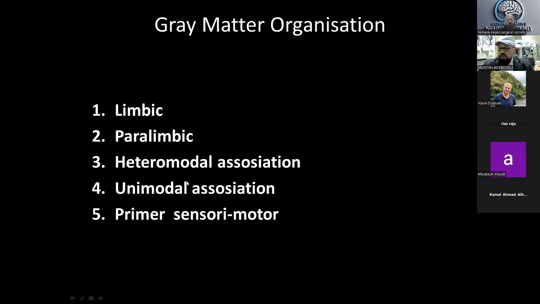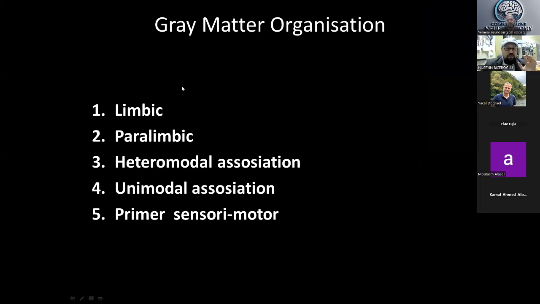So we have to mention in 3 or 4 minutes the gray matter organization. Unless we understand the gray matter organization, we cannot determine the white matter organization. So there are 5 different gray matter organizations.